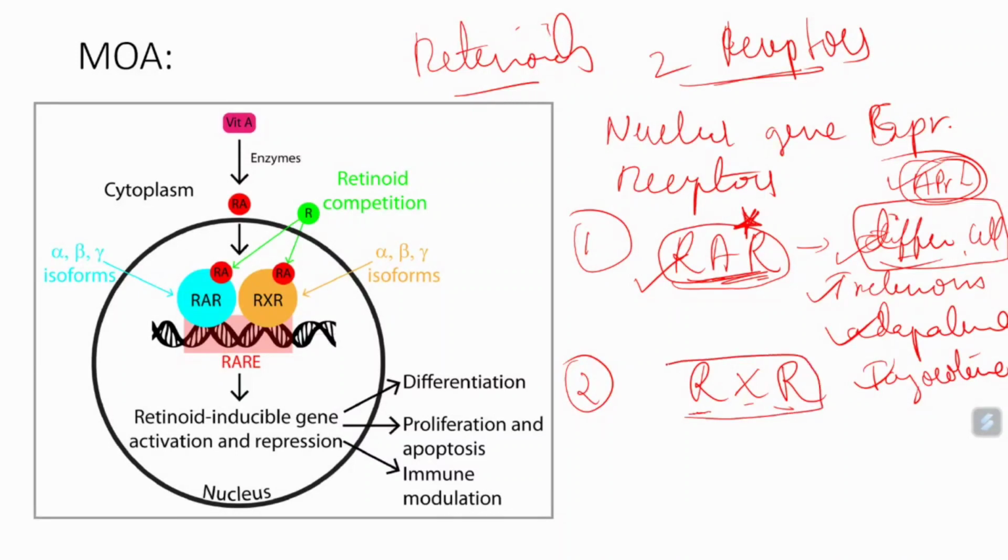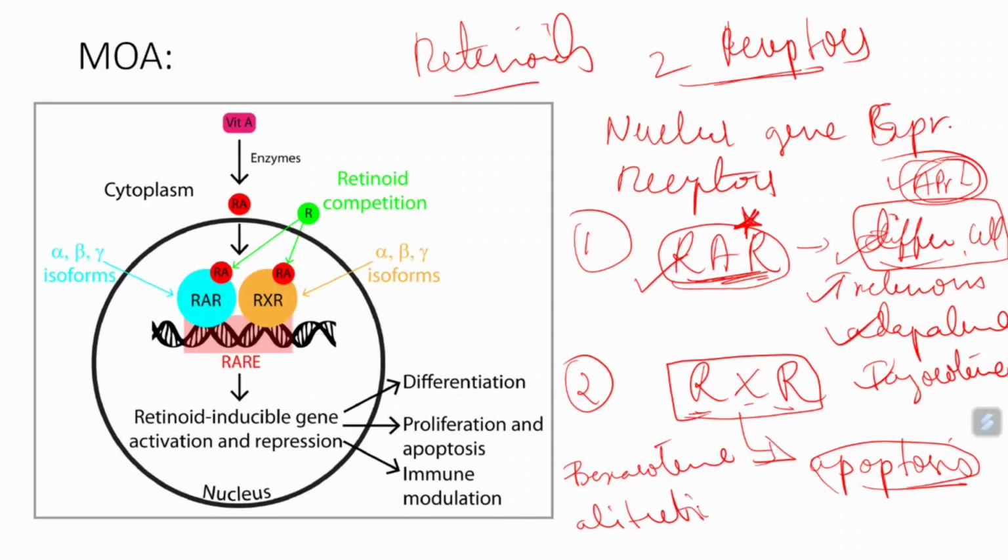And the next receptor is the retinoic X receptor, or simply RXR. This receptor is very important in inducing apoptosis. That means it helps in destruction of the abnormal cells. Wherever abnormal cells are produced, the RXR receptor is activated, and further it will cause apoptosis. Here the RXR receptor activators are bexarotene and alitretinoin.